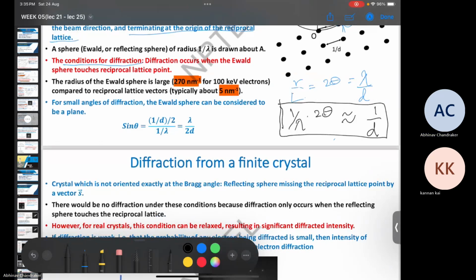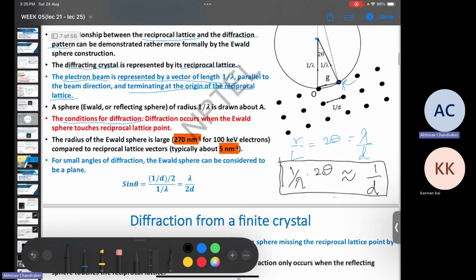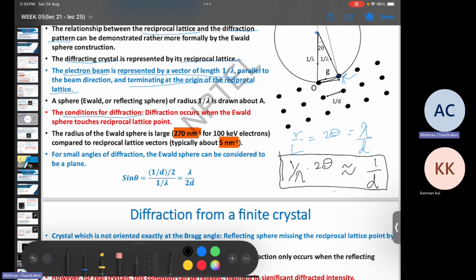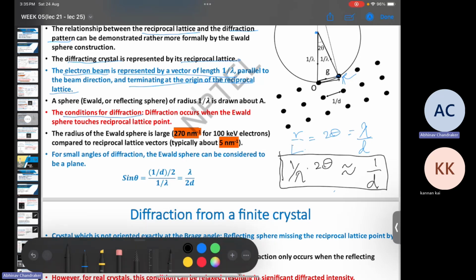And usually the angle theta is very small due to the high energy of electrons that we are using. Because of this, we can consider this sphere touching the reciprocal lattice points as being almost a plane, because this angle is very small, so it can be considered as just one plane.